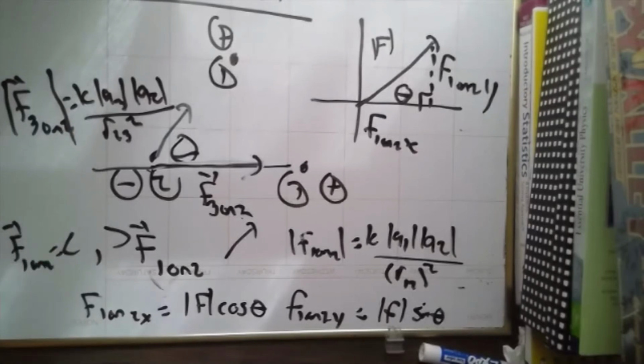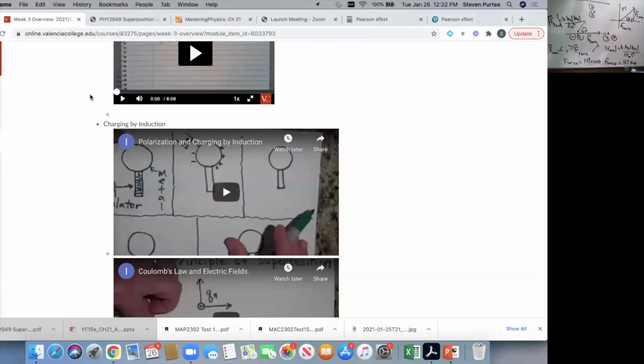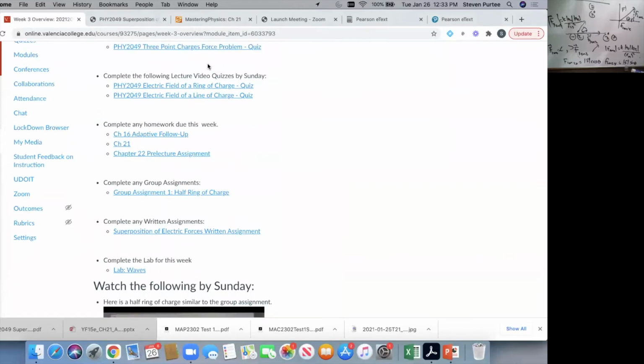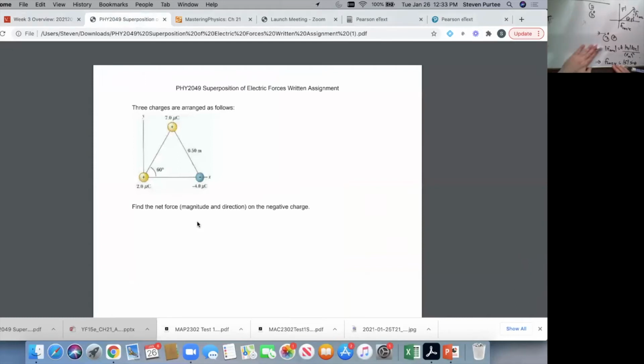So you have this problem coming up, this superposition of forces problem. This is the way to do this problem. Find each force as a vector in x and y components. Write them both down. Draw some triangles.